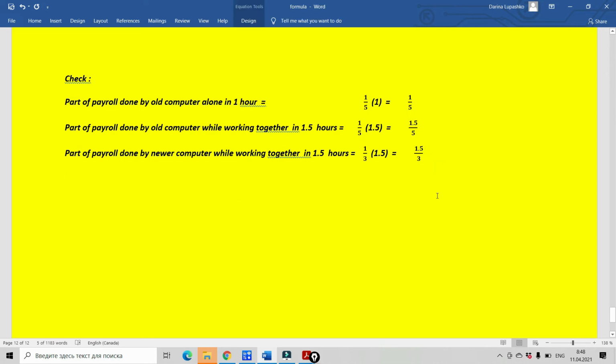And let's add those parts together. 1 divided by 5 plus 1.5 divided by 5 plus 1.5 divided by 3 equals, with 15 in our denominator, 3 plus 4.5 plus 7.5 divided by 15, and this is 15 divided by 15, which is 1.